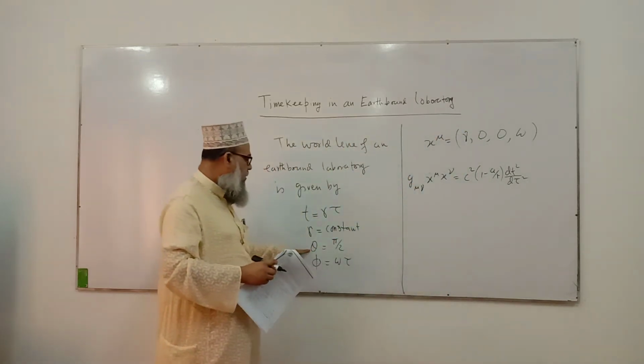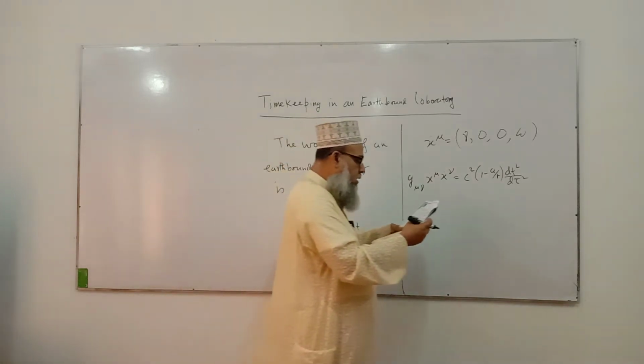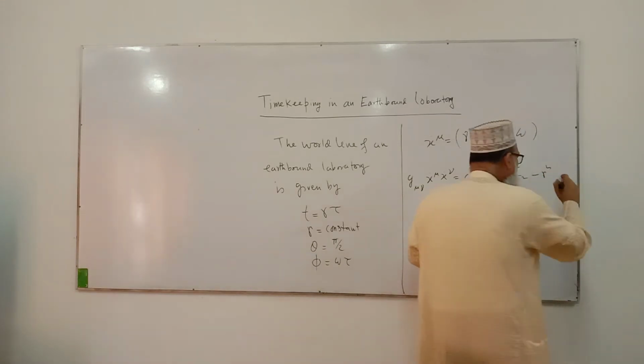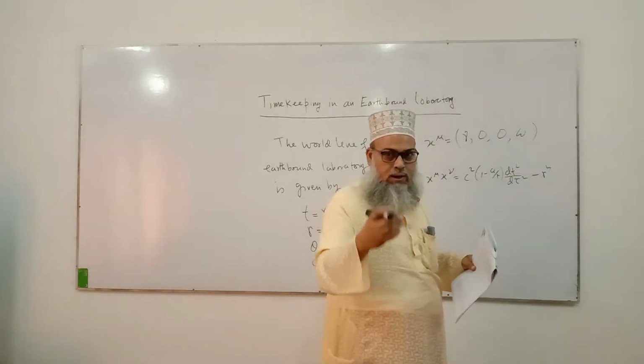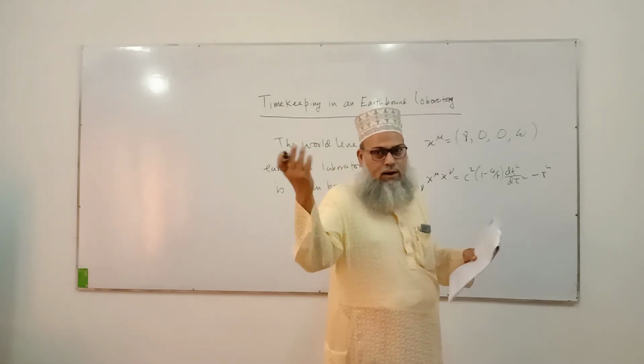Then theta term? No, there is no theta term. Phi term? Yes, there is a phi term: minus r square sin square theta d phi square. Theta is pi by 2, and sin square pi by 2 is 1.